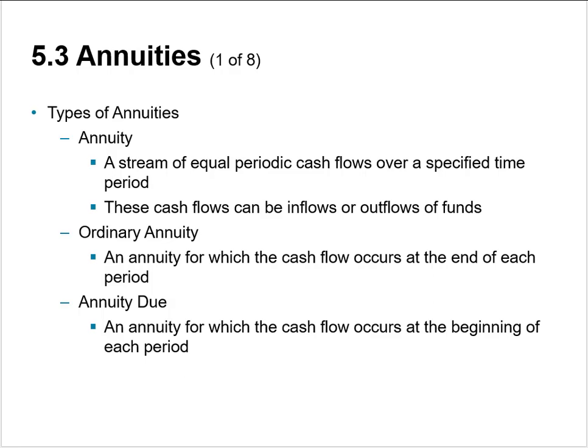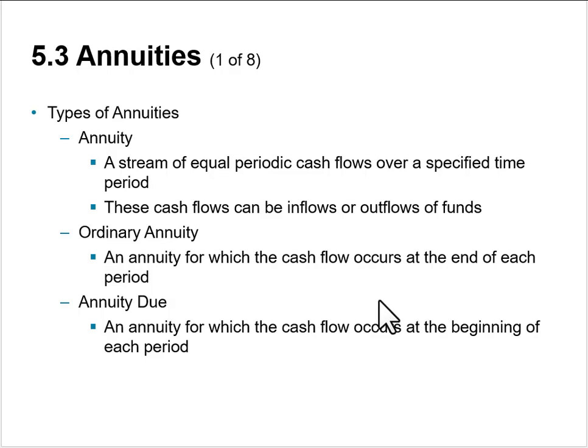So when you read a problem or when you're discussing an issue, we have to be sure we recognize when the cash flows occur. So an ordinary annuity is an annuity when the cash flow occurs at the end of each period. An annuity due means that it occurs at the beginning of each period.